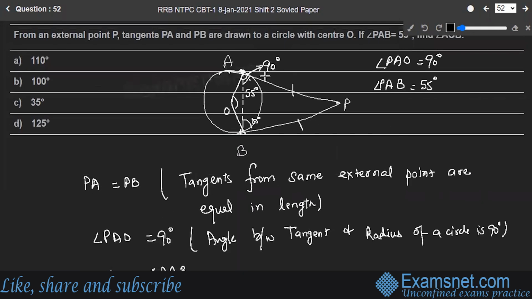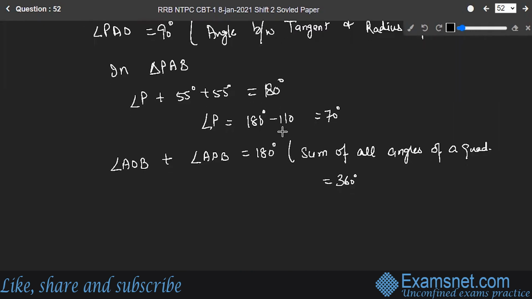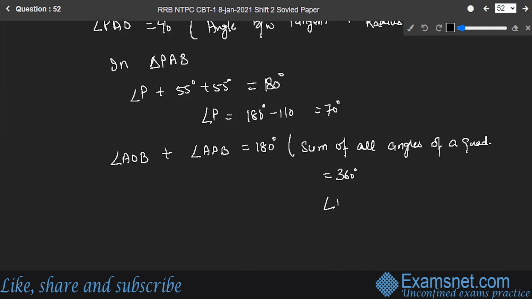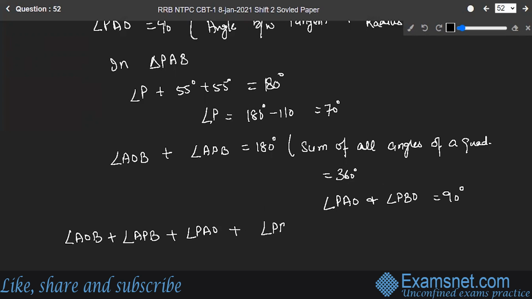And you know one thing, that angle PAO and angle PBO are 90 degrees. To be more precise, angle AOB plus angle APB plus angle PAO plus angle PBO is equal to 360 degrees.